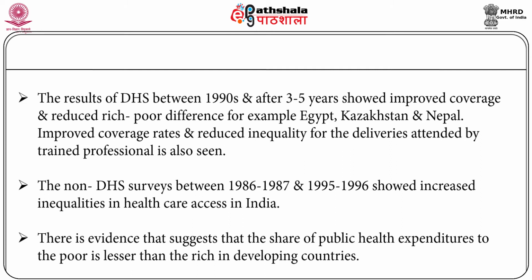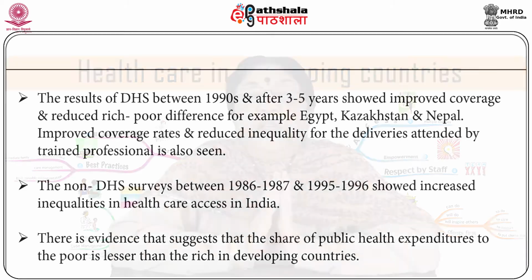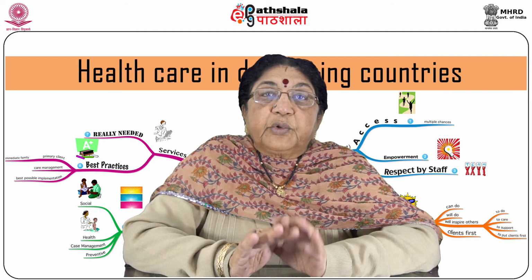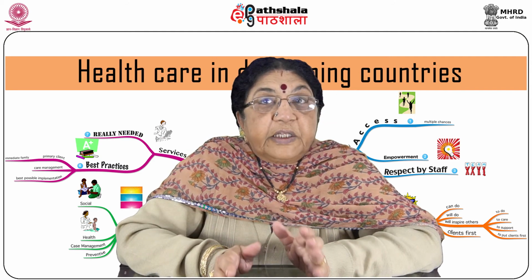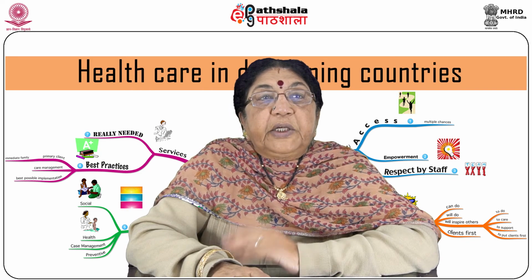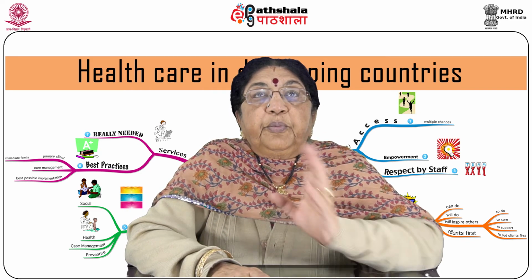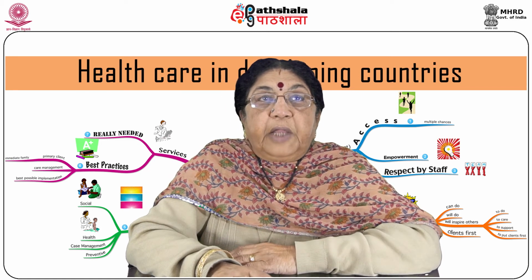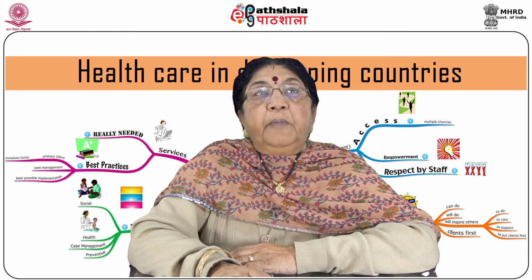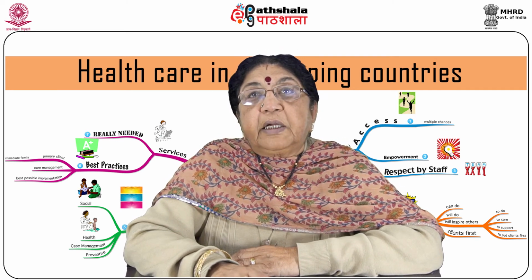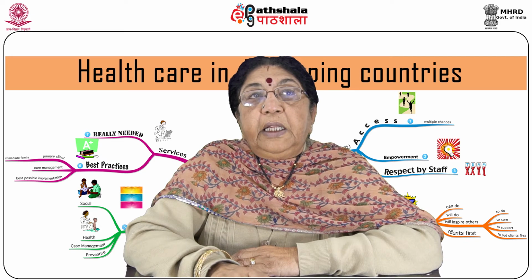This always happens: whenever public health expenditure is done, it is brought down to a minimum in order to avoid wastage. Unfortunately, that share is not enough for the poor to get the maximum benefit of healthcare or programs. The poor get less than 10% of public health subsidy in countries like Nepal, Guinea, etc.